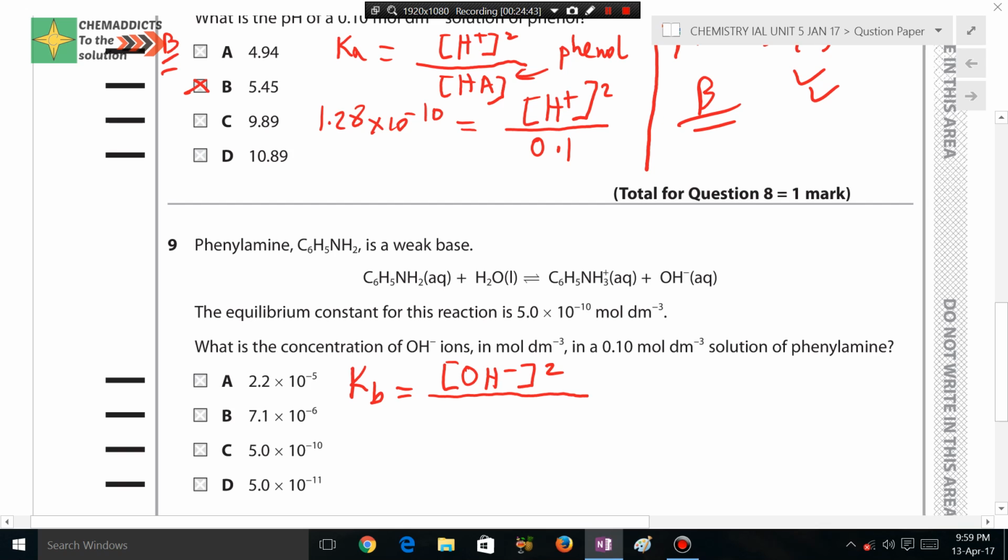Before it was the acid, phenol; here we write the base. In this case the base is C6H5NH2.